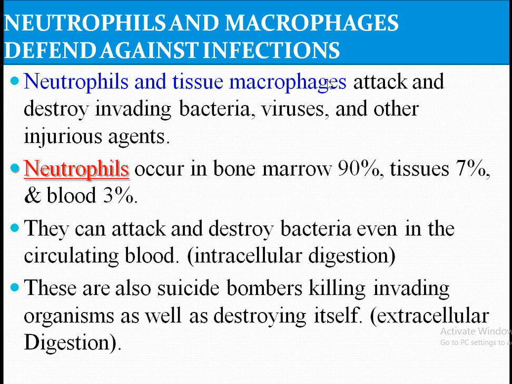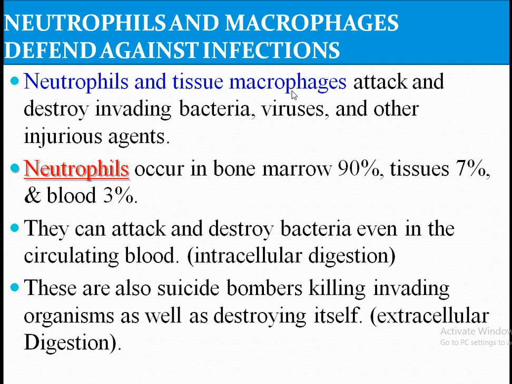If the monocytes remain within the blood vessel, they are called monocytes. In case of infection, they come out of the vessel, they take up water and become larger in size, and now they are called macrophages. So actually these are the monocytes outside the blood vessel.